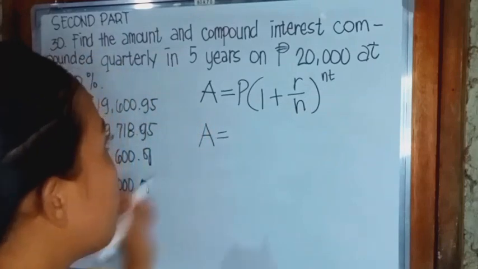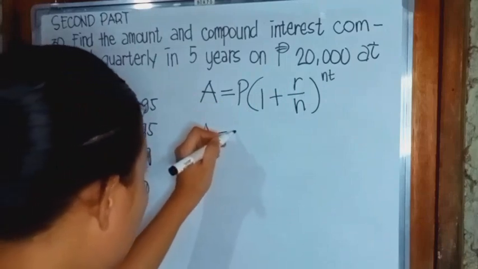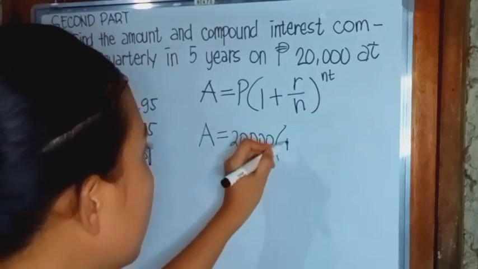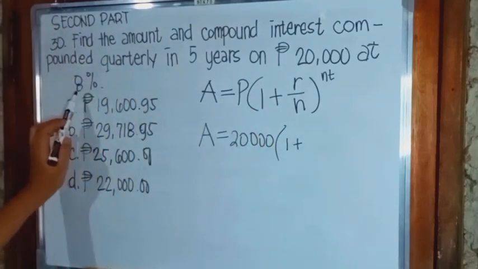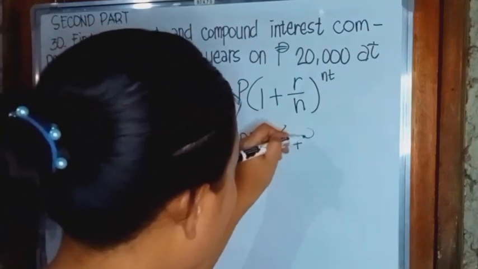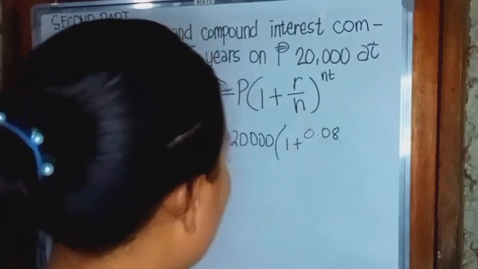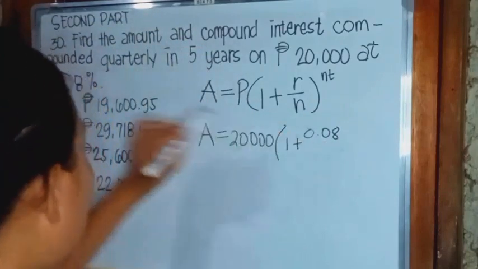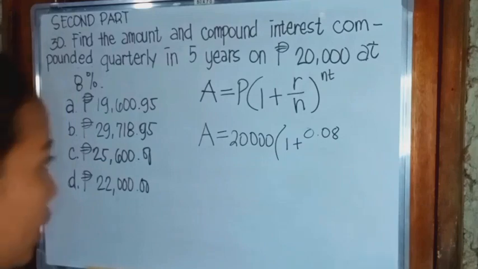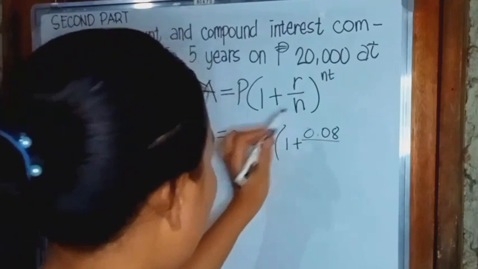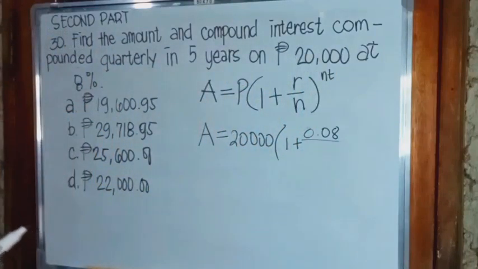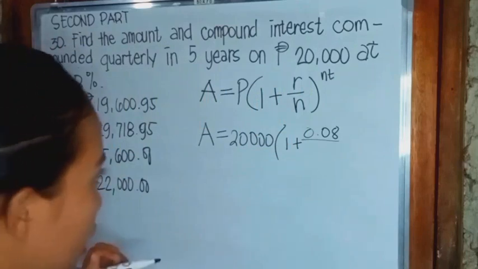A equals 20,000, which is the principal value, times the quantity 1 plus R, which is 8%, or in decimal form, 0.08. We obtain 0.08 by dividing 8% by 100%. So we have N. Since this is compounded quarterly, quarterly means every 3 months.